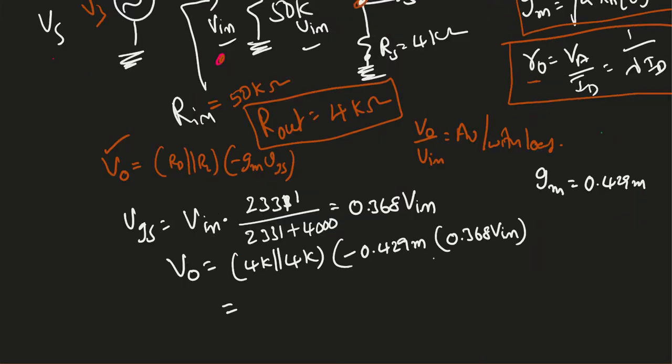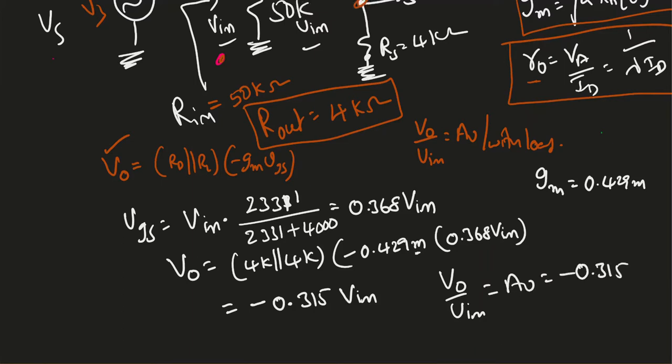So when I multiply all of it, this is 2K, 2000, and here is milli. Kilo and milli get cancelled out. We'll end up with minus 0.315 Vin. So V naught by Vin, which is AV, equal to minus 0.315 volt per volt.